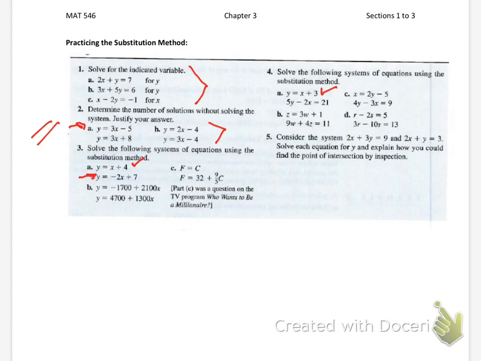Look at B. I see I have a z equals something. I would use that 3w plus 1 and replace the z in the second equation and go ahead and solve for w and then insert that w value into either of the equations to solve for z. Look at C. You have x isolated right here.